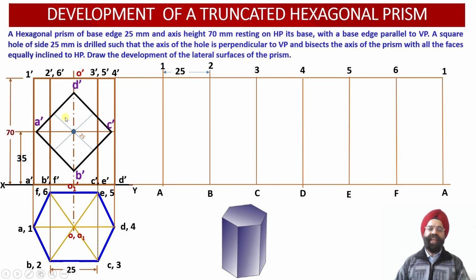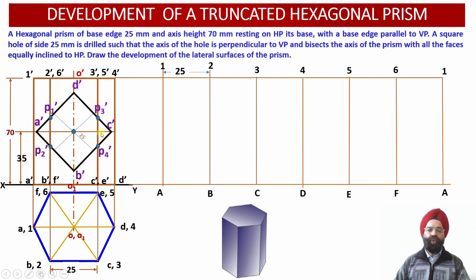And another thing we can observe over here, that the points of intersection of the square hole with the vertical edges 2 dash B dash and 6 dash F dash, they happen to be points P1 dash and P2 dash over here, corresponding to the front face as well as corresponding to the rear face of the hexagonal prism over here.